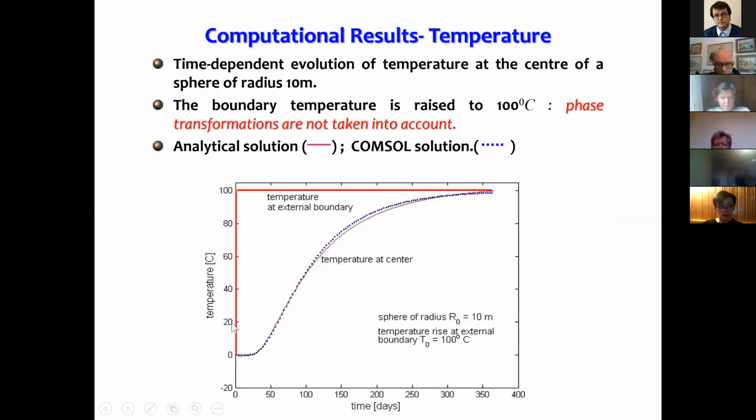So you can see the boundary temperature is subject to this Heaviside step function. The analytical solution is given by the solid line, and the COMSOL code gives us this result for the pressure developed at the center there. So this is really a very simple poroelasticity type solution there.